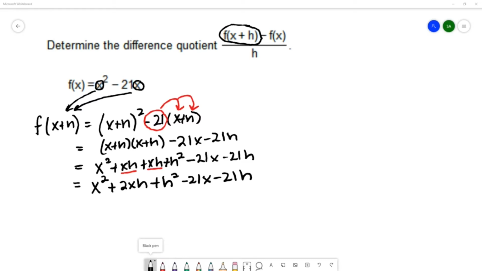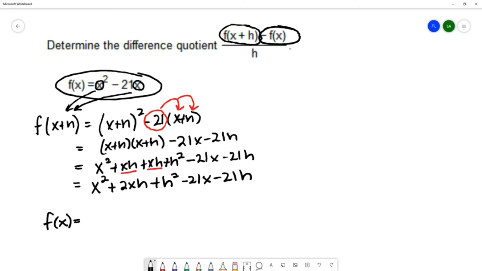So the next part of the formula for the difference quotient has you subtracting f of x. And f of x is the function that was given to you. f of x is this function here, x squared minus 21x.